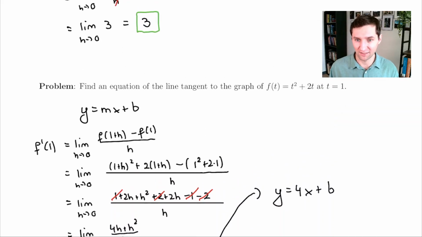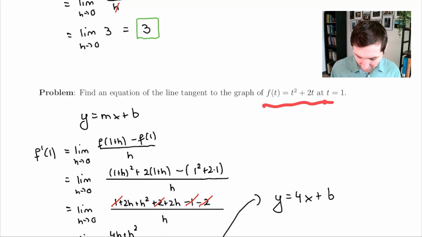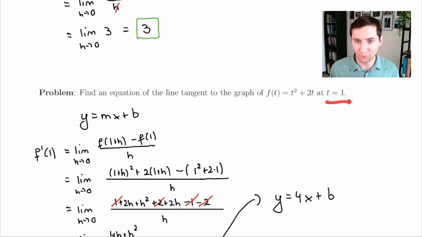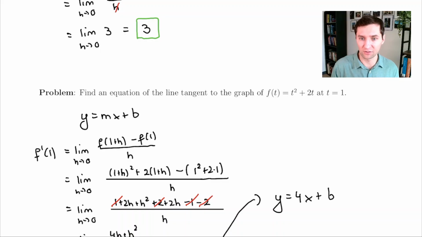Thankfully, I know one such point. I know that the tangent line and the original function touch at t equal to 1. At t equal to 1, the value of the function is 3. When I plug in 1, I get 1 squared plus 2, that's 3. So both functions, the original function and the tangent line, share the point (1, 3).